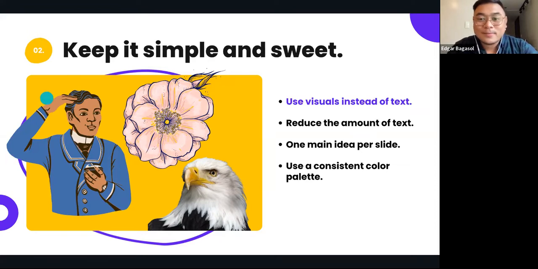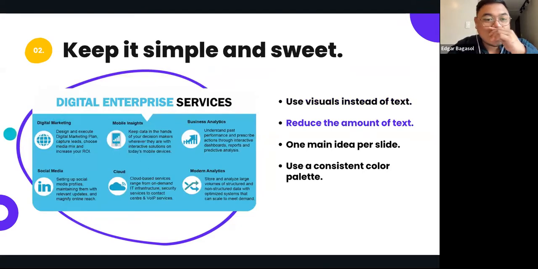Okay, and then next is to reduce the amount of text that you put in your slides. As much as possible, let's not put paragraphs in our presentations. What you can do is get the gist of that paragraph, or take the particular concept that you want to highlight in it, and complement it with a visual to illustrate the concept.